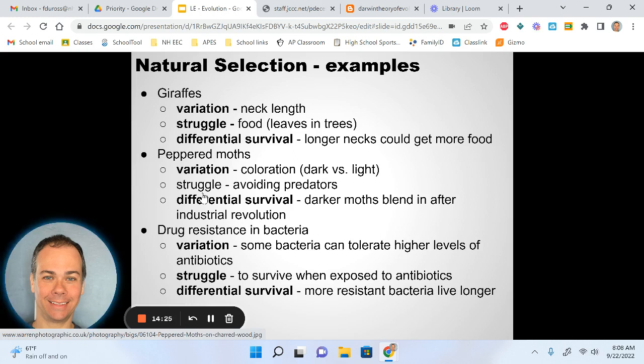Well, why isn't it even longer? Why isn't their neck 30 feet long if it helps them get more food? Anyone think of a reason why it just doesn't continue getting longer and longer? Yeah, if it gets too long, it might actually be a disadvantage.